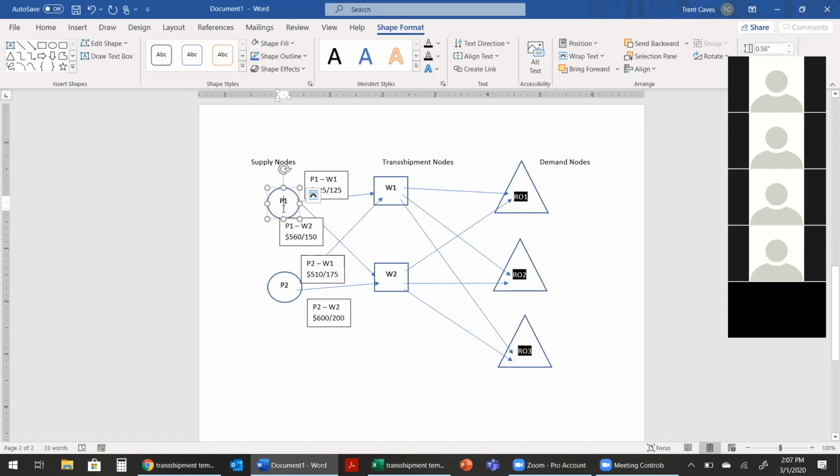And we can put the output with the plants. So plant 1 can output 200 units. Plant 2 can output 300 units.